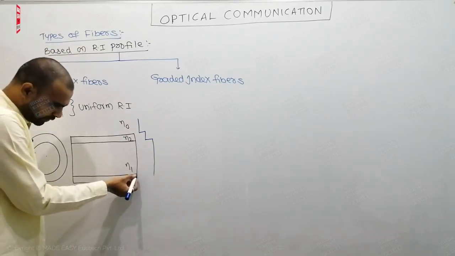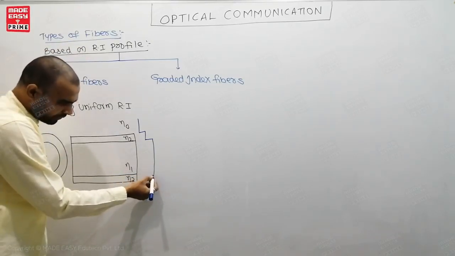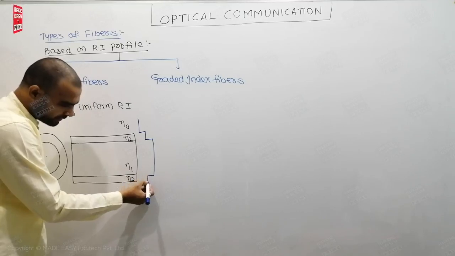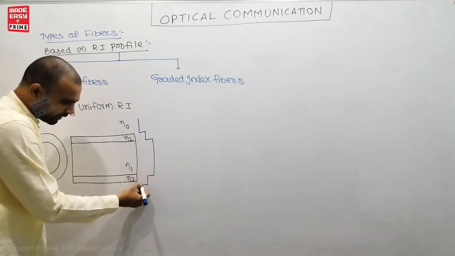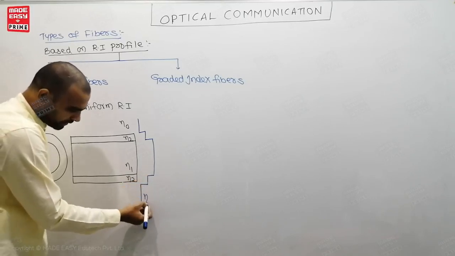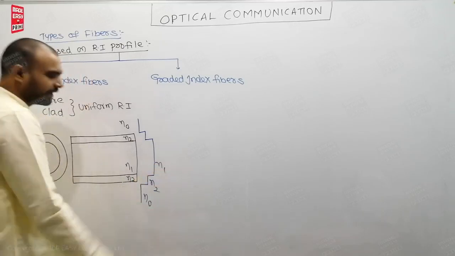Then it decreases from N1 to N2 once again, and finally decreases from N2 to N0. This is N0, this is N2, this is N1.